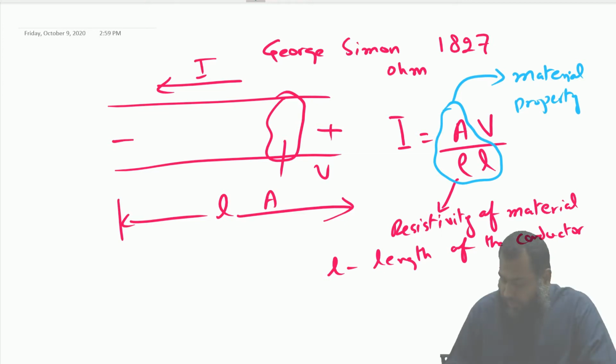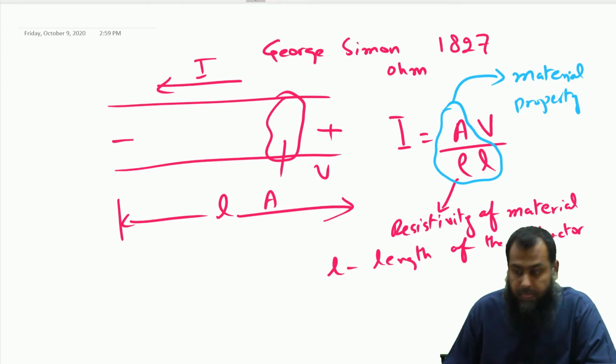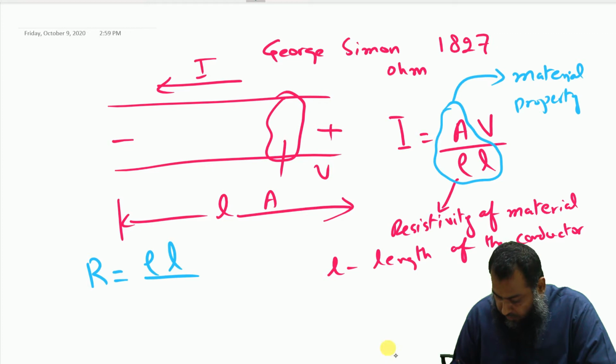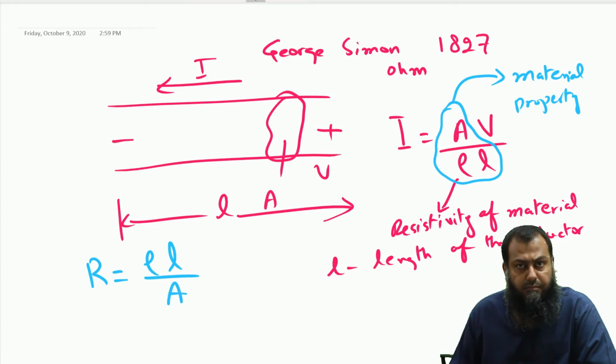But you see, in terms of electrical circuits, most of these properties are material dependent, and it is always desired to express the relation of the current and the voltage in terms of some value that is known as the resistance. So what he concluded here is that the resistance R of any material is equal to rho L over A, and that makes sense because the larger the cross sectional area of any current carrying conductor, the lesser will be the resistance of that element.